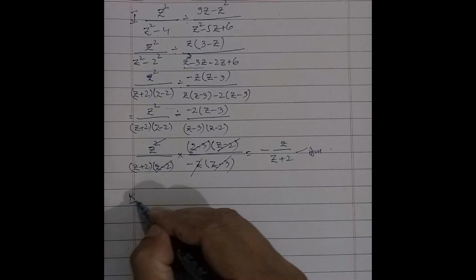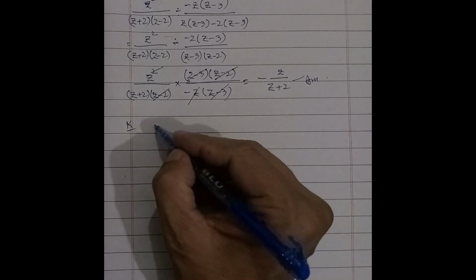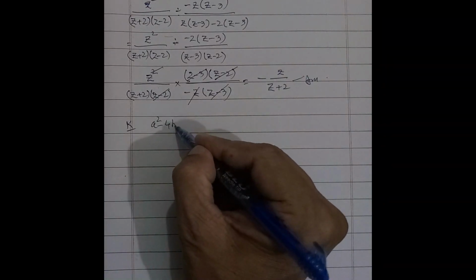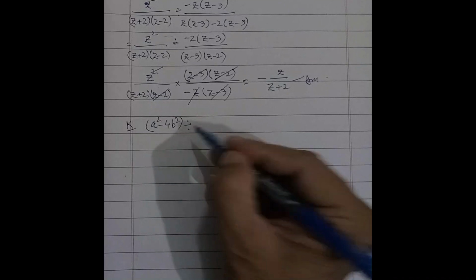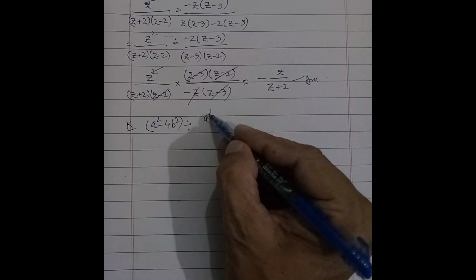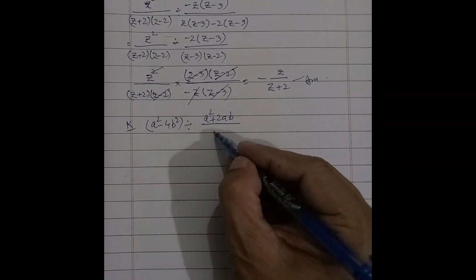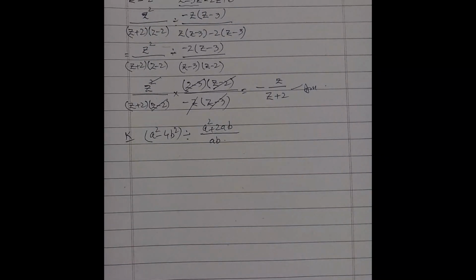The next part, in which a square minus 4b square divided by a square plus 2ab over ab. So first we factorize the values.